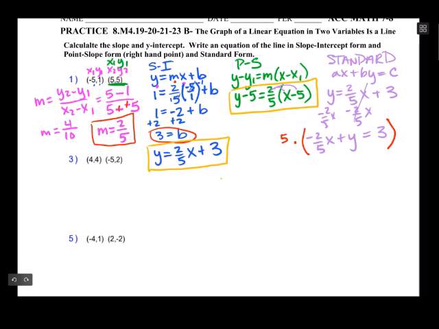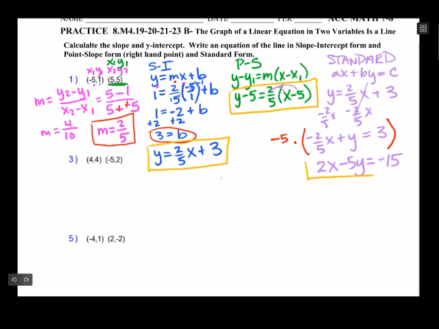That's going to cancel out that. And I'm going to get rid of the negative at the same time. So I'm going to multiply everything in here by negative 5. When I multiply this fraction by negative 5, I end up with a positive 2x multiplied by negative 5 minus 5y equals, and don't forget the guy on the end, minus 15.